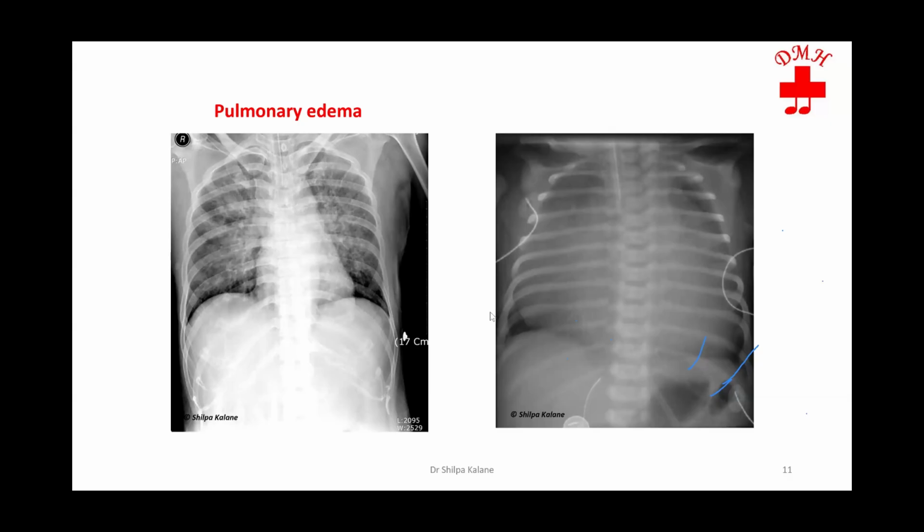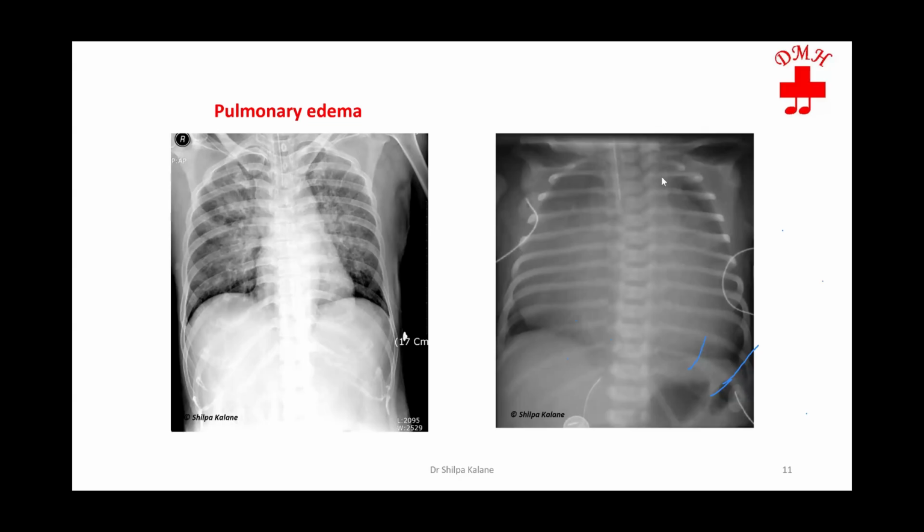What is it? On X-ray, what do you feel? Is it a lung problem or a heart problem? We're talking about the second X-ray. Can we outline it? You can see a clear border here. You can see a clear border here.